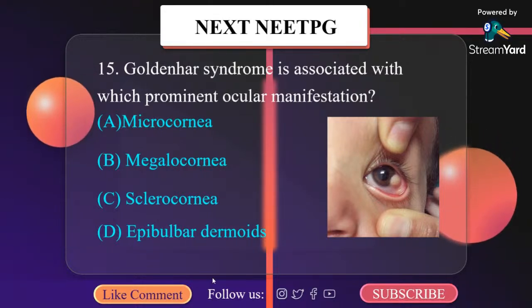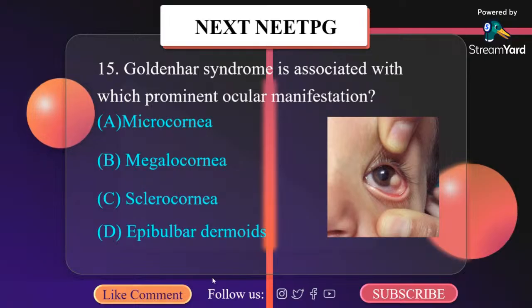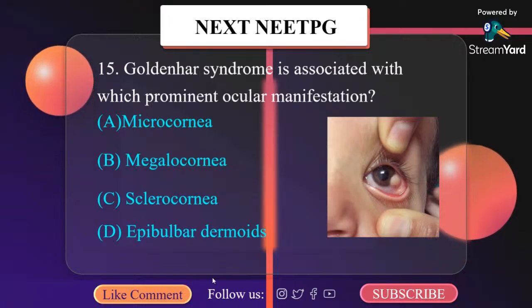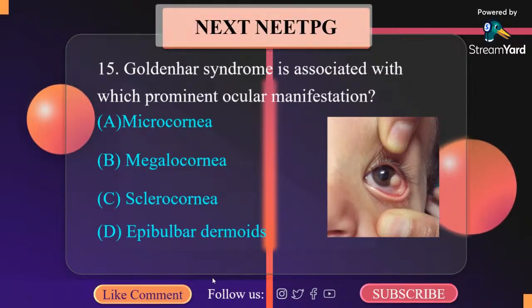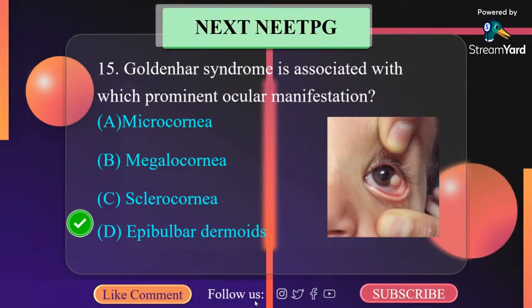Goldenhar syndrome is associated with which prominent ocular manifestation? Microcornea, megalocornea, sclerocornea, epibulbar dermoids. It is epibulbar dermoids.